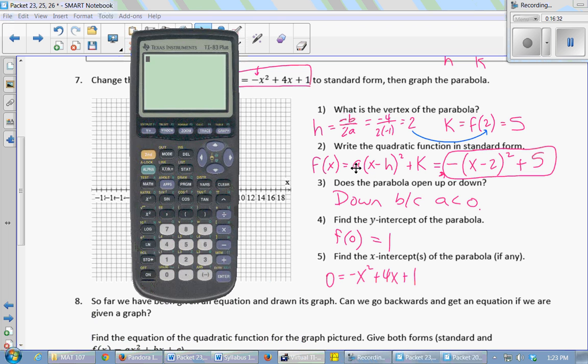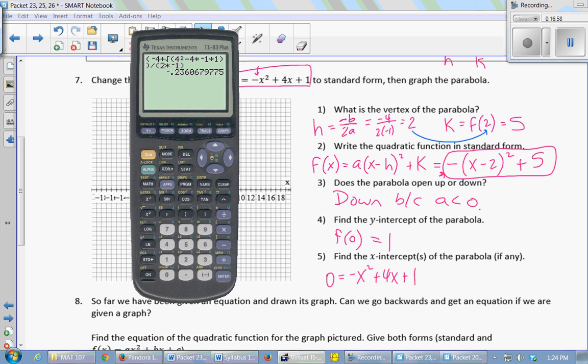Okay, so I've got negative b, which is negative 4. Actually, put parentheses around the whole thing. Negative 4. It's plus or minus. We'll do the plus first. Plus the square root of b squared minus 4 times a times c all over 2 times a.